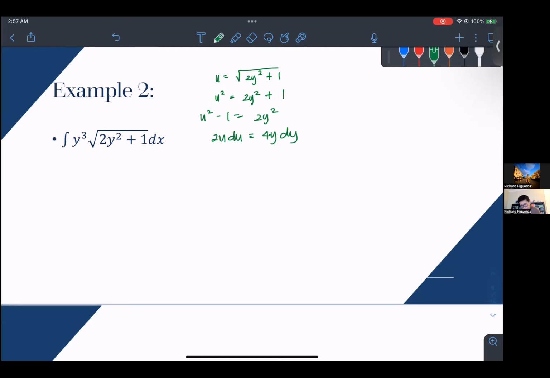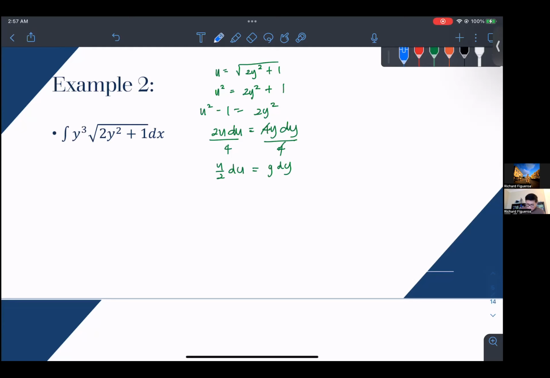Let me divide both sides by 4. So the 2 and 4 simplify, and y dy would just be u all over 2 du. So this should be dy, sorry.